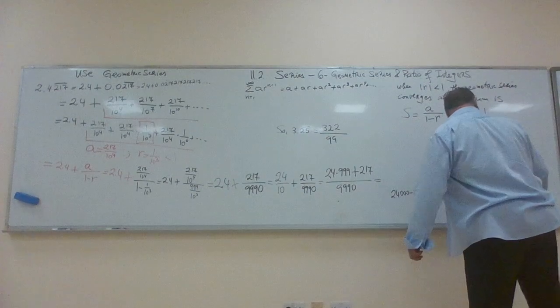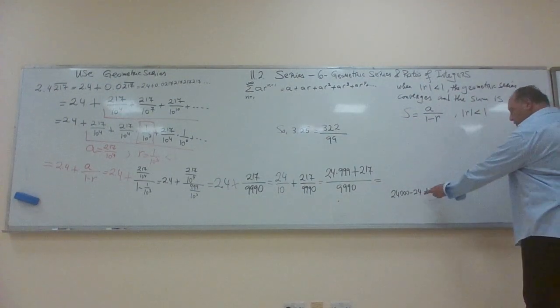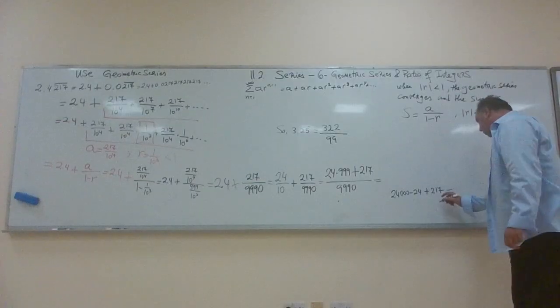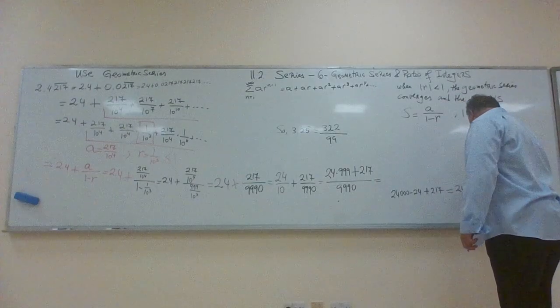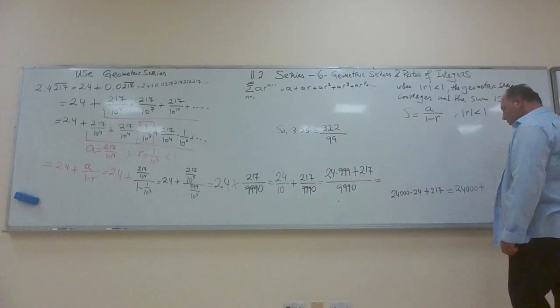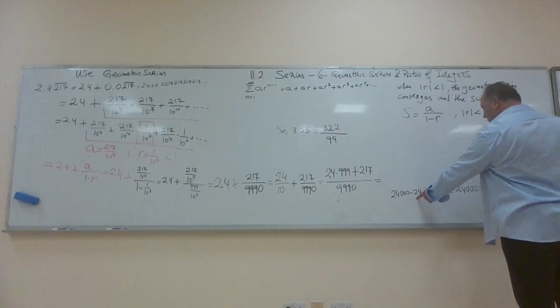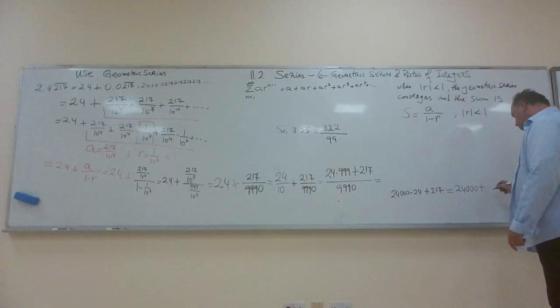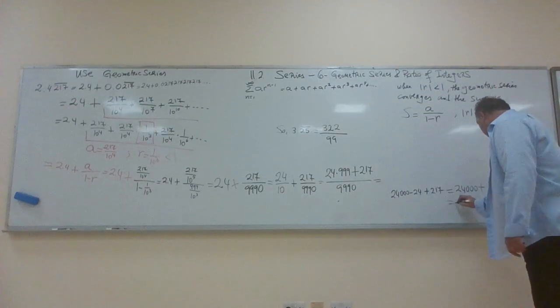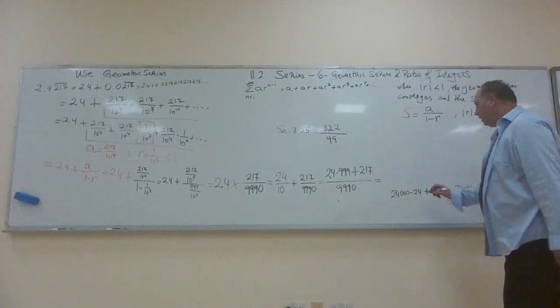Oops, it's adding. I'm subtracting instead of adding. So these two, I'll get 24,000 plus 17. So minus 6, 200 minus 6, 194. So this will be 24194 if I don't make any errors.